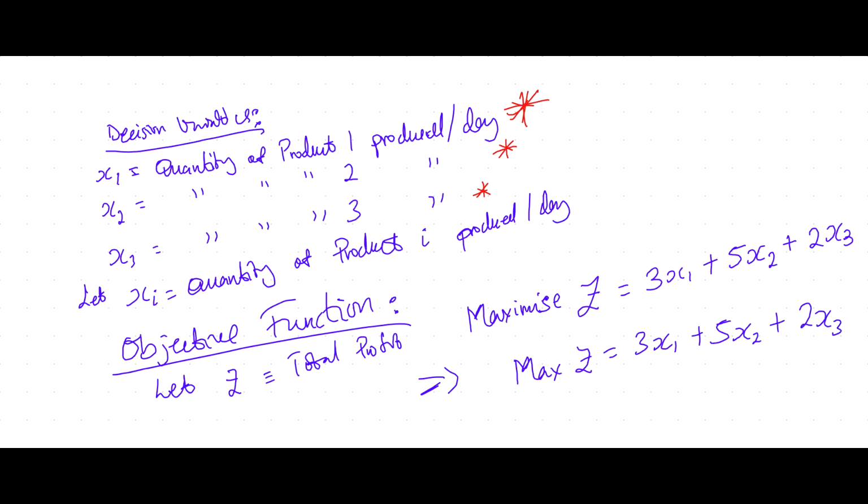So the first thing to do is to find the decision variable. The second thing is to determine the objective function. And the third is to determine the system constraints.